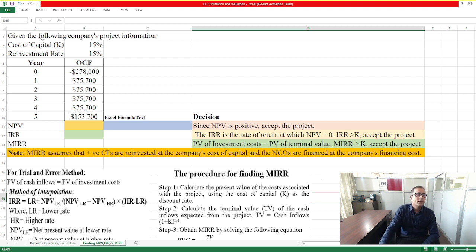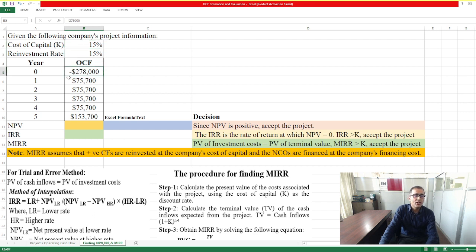Okay, let's discuss the question first. We have given information like this: your cost of capital is 15%, while the reinvestment rate we assume is the same as the cost of capital, 15%.